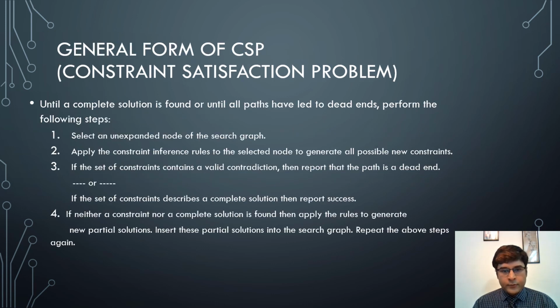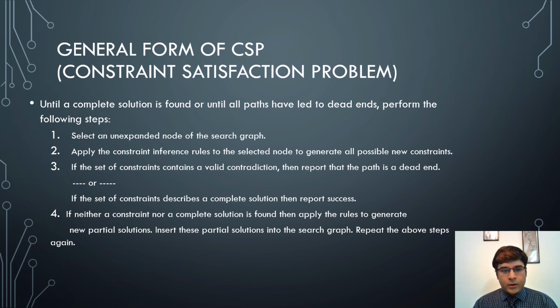So in this slide you see the general form of a CSP, or constraint satisfaction problem. Until a complete solution is found or until all paths have led to dead ends, perform the following steps. Select an expanded node of the search graph. Apply the constraint inference rules to the selected node to generate all possible new constraints.